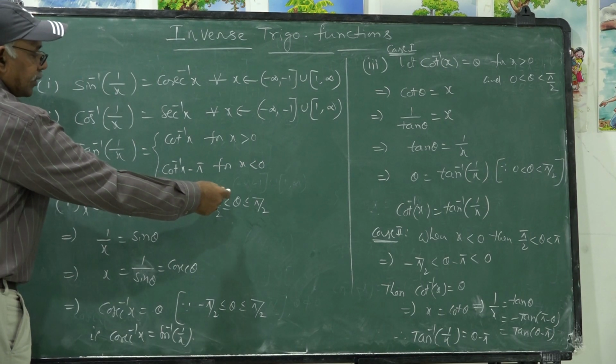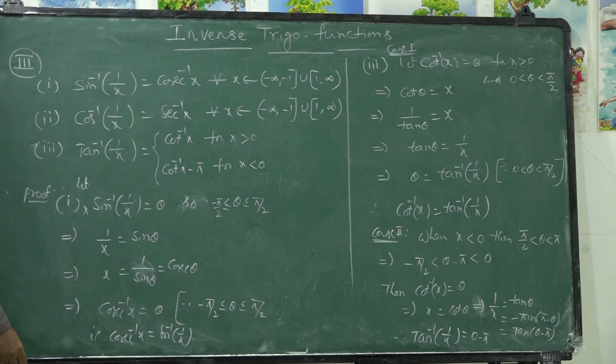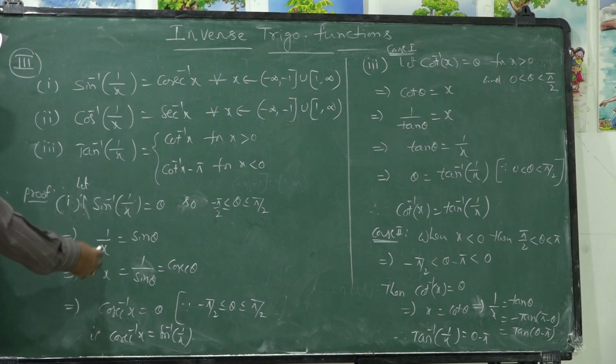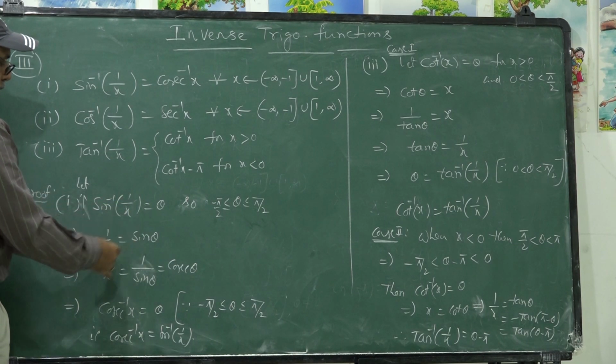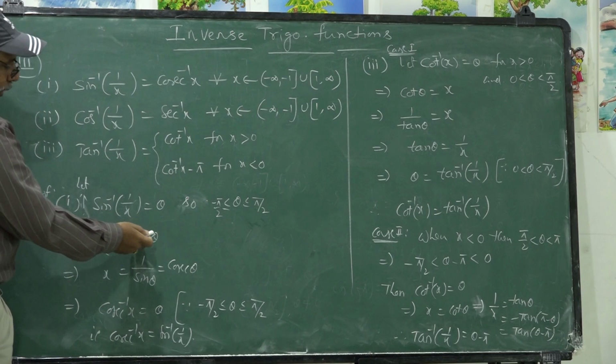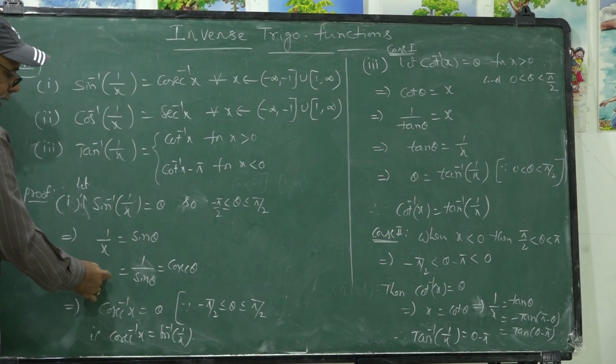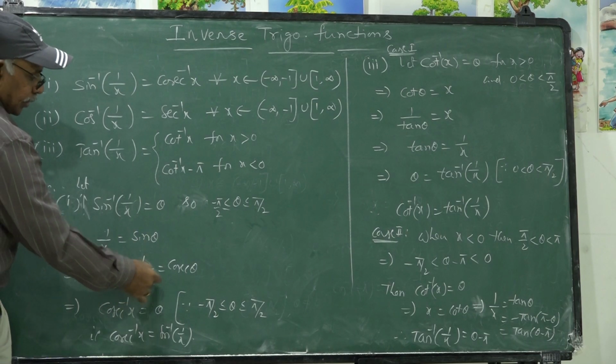Hence, theta lies between minus pi by 2 to pi by 2. So, 1 by x equal to sin theta. Since 1 by x equal to sin theta, x becomes 1 by sin theta, which is nothing but cosec theta.